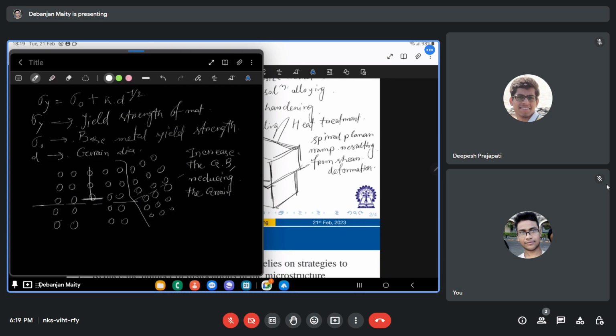You are providing more barriers to the dislocation motion, and you are enhancing the strength, right?